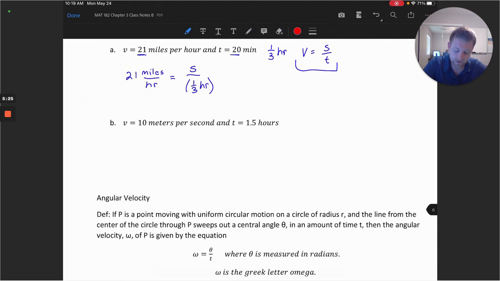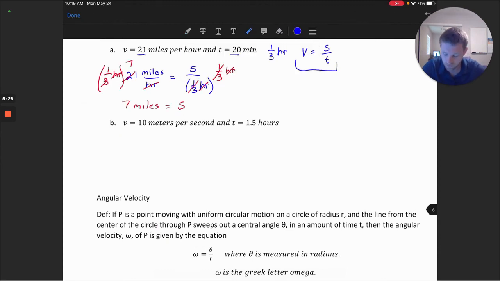Let's consider a second example with some of these unit conversions. If we start with a linear velocity of 10 meters per second, and we want to go that same velocity for 1.5 hours, we can consider converting this to how far we've gone. So this is velocity equals s over t.